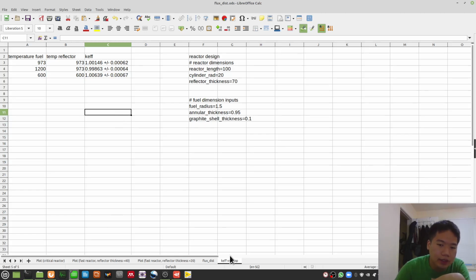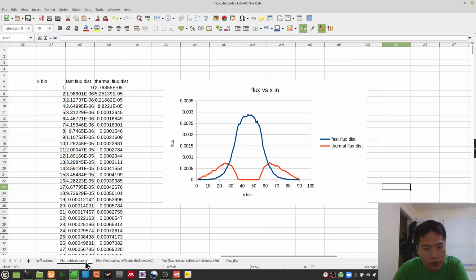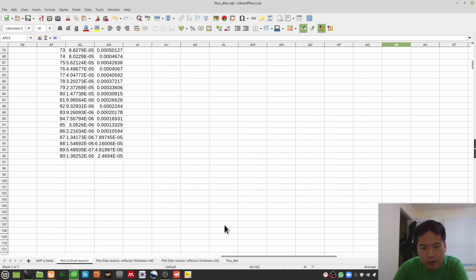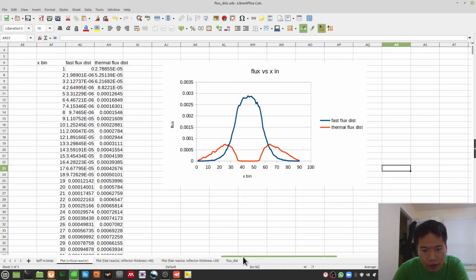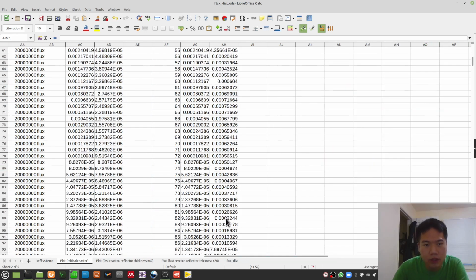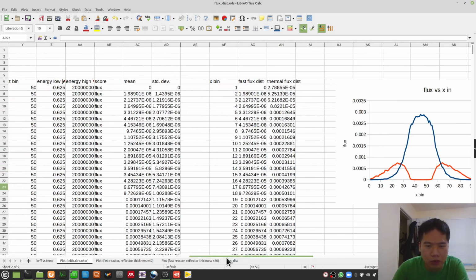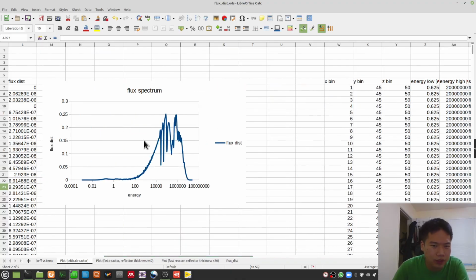And then, of course, you have K effective versus temperature, which you can just plot out like that. All right. So this is what the flux spectrum should look like. Okay, fast versus thermal, and then flux distribution, sorry. And this is the flux spectrum. You can see a lot of it shifts to the low energy side.